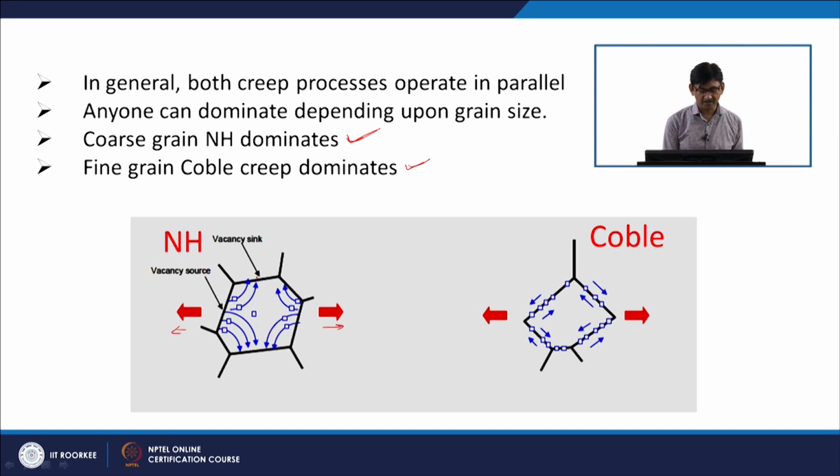So, the vacancies are flowing towards the compressive side and the atoms will flow to the tensile side. In case of Coble creep, the diffusion of atom is taking place through the grain boundary. So, the atoms are moving through the grain boundary towards the tensile side, and that is how the deformation is taking place.